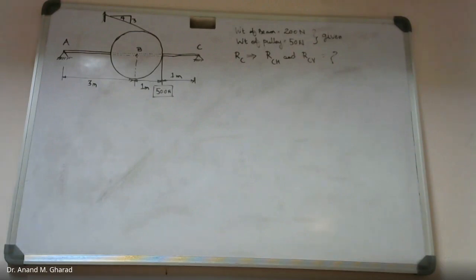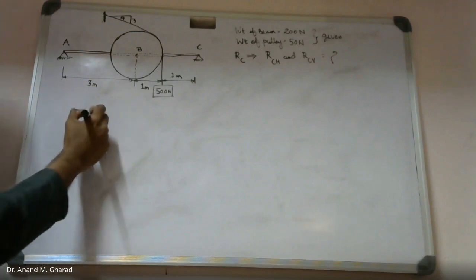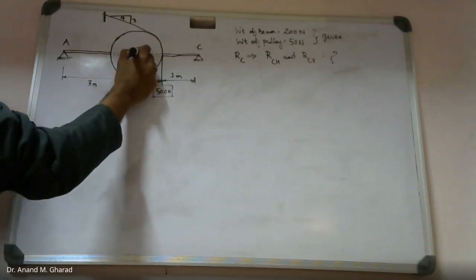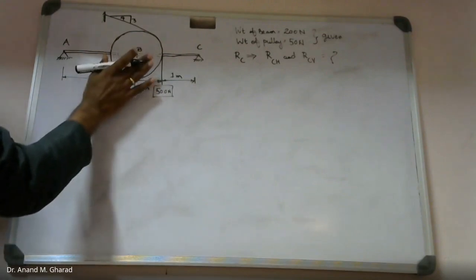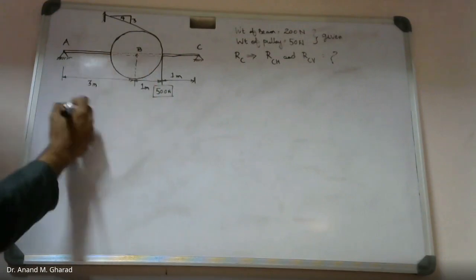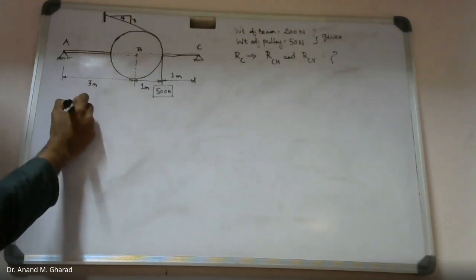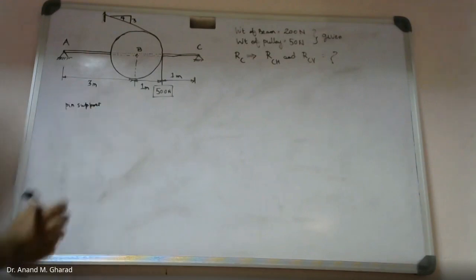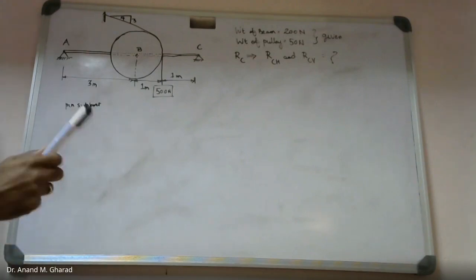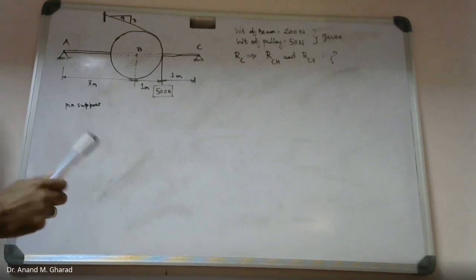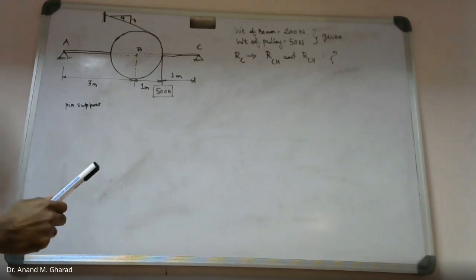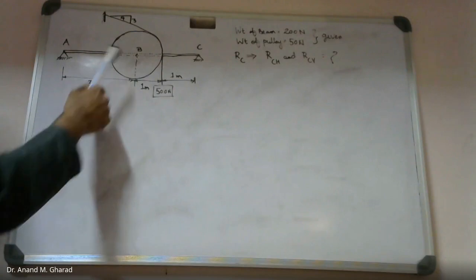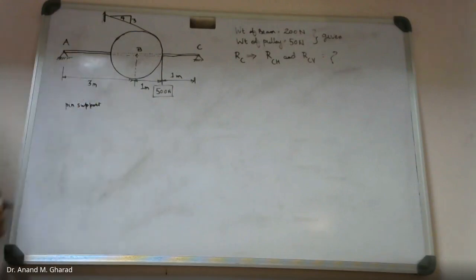If you remember, I had told you whenever there is a certain kind of connection, when two bodies are connected with the help of pin support, equal and opposite reaction forces are transferred on the rigid bodies that are connected with the help of that pin support.